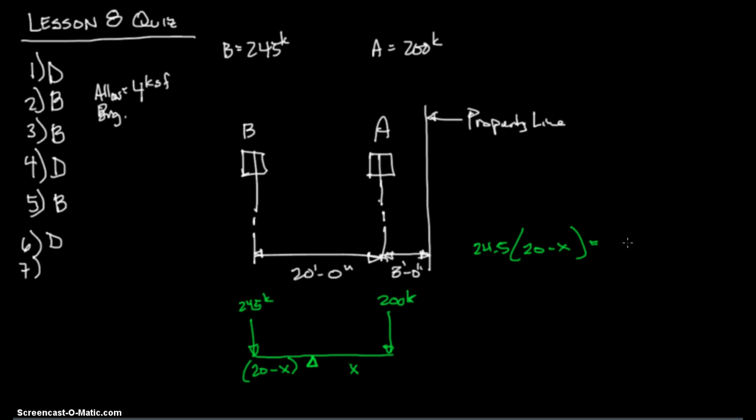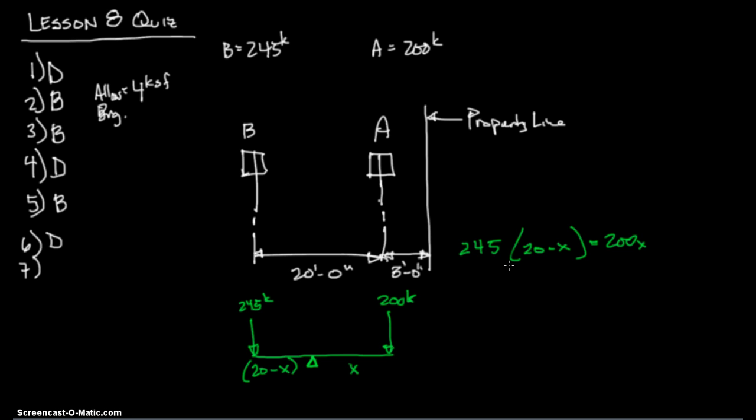Equals this times x, 200 times x. I'm probably going to come up with the same thing, so I see what I did wrong, and this is pretty dumb. It's actually 245, not 24.5. I just read my own writing incorrectly. 245, and I apologize for that.